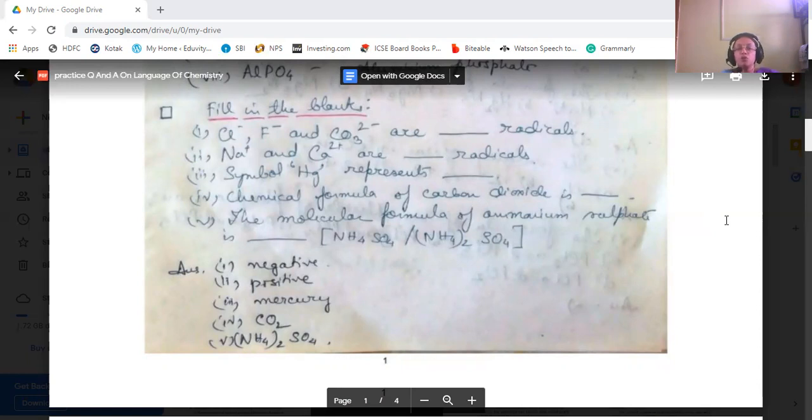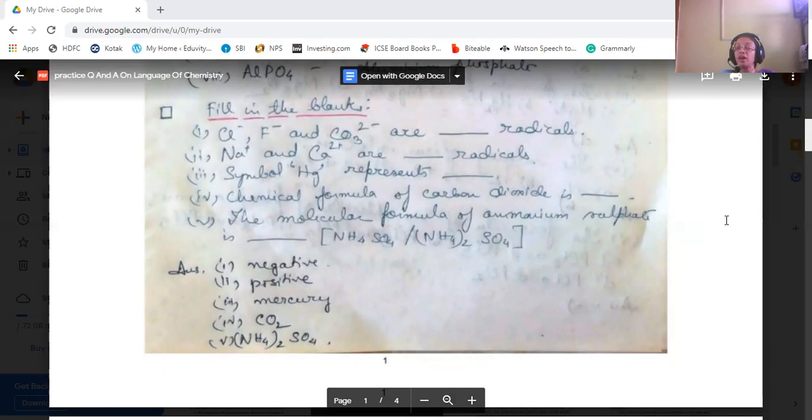Sodium, calcium, these are positive radicals, or you can say basic radicals.